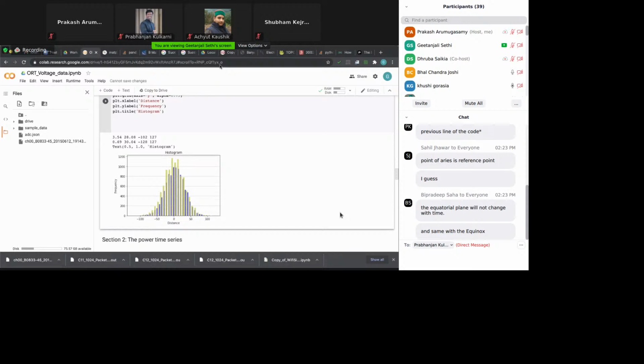The half of the total points. Why? Your answer is correct, but you justify that. So as it is complex, it would be positive and negative, so we would be taking either a positive part or a negative part. Or we'll do a Nyquist sampling.